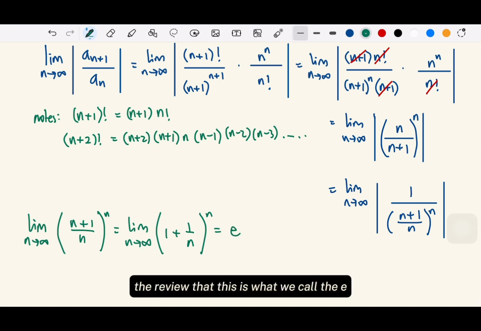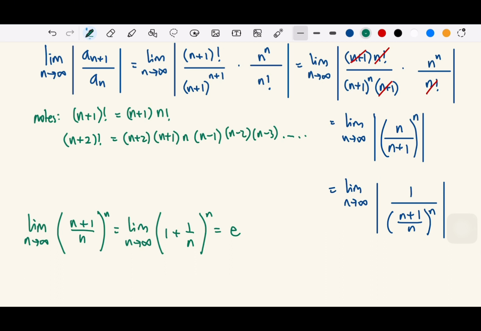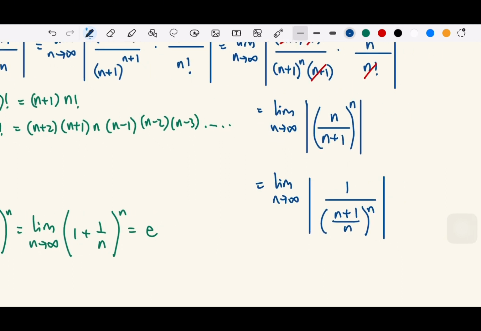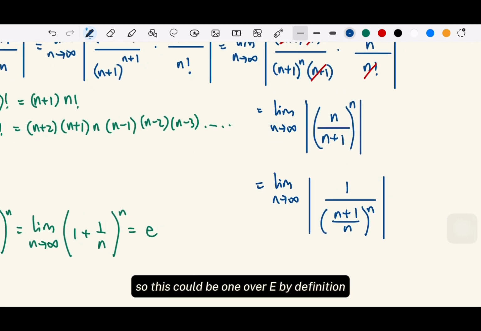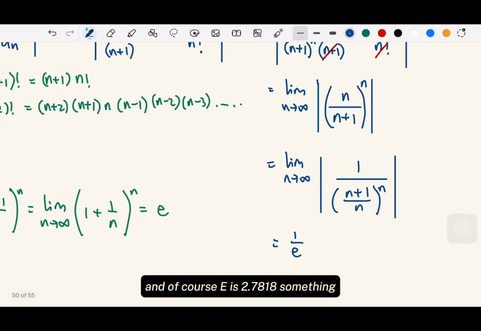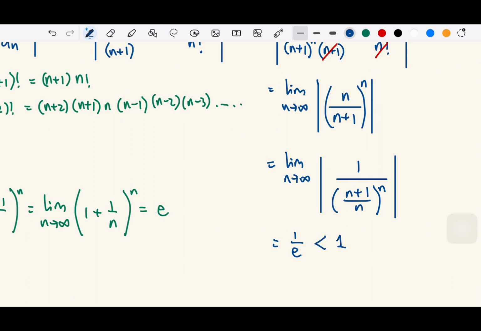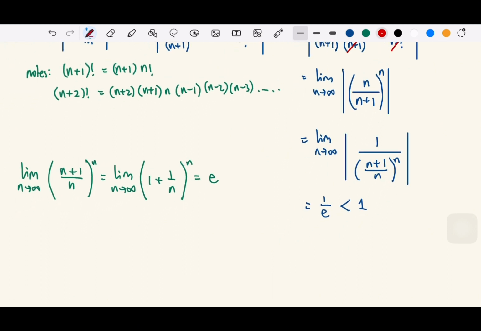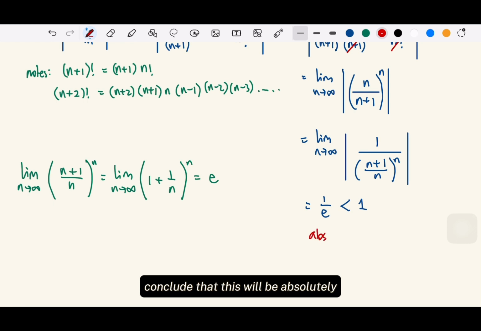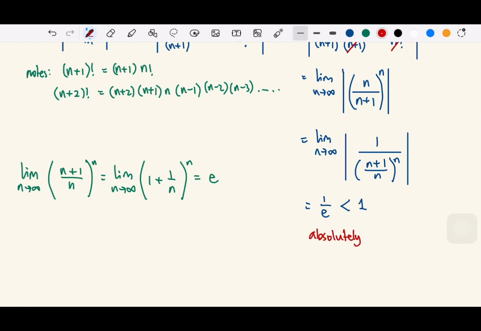This is what we call e, another definition using e, the Euler number. So this part here, we could write e, so this could be 1 over e by definition. And of course, e is 2.718 something, so this is less than 1. Since this is less than 1, we can conclude that this is absolutely convergent.